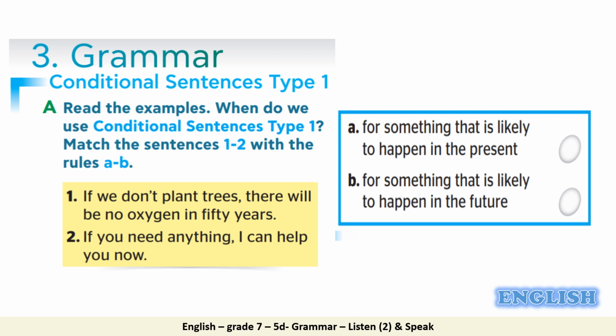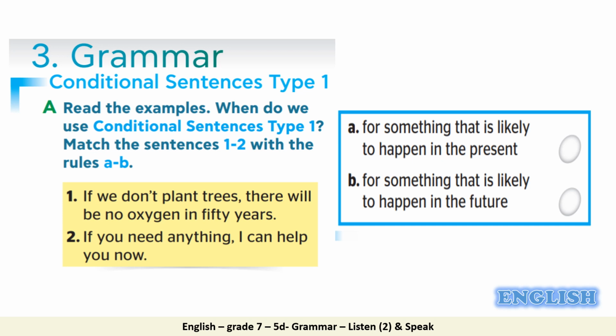To find out when we use conditional sentences type 1, let's examine the following two sentences. Sentence 1. If we don't plant trees, there will be no oxygen in 50 years. Sentence 2. If you need anything, I can help you now. Let's focus on the first sentence.